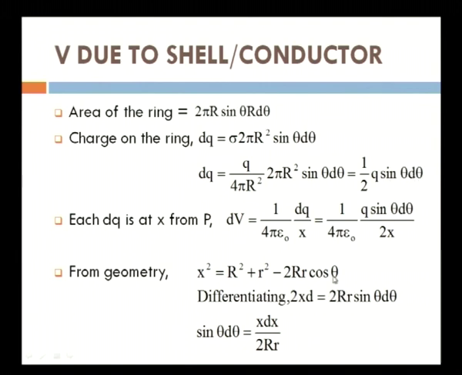So, we differentiate this expression and establish a relation for sin theta d theta. The sin theta d theta is found to have a value x dx divided by 2 capital R small r. Here capital R is the radius of the sphere and small r is the distance from the center to the point P.